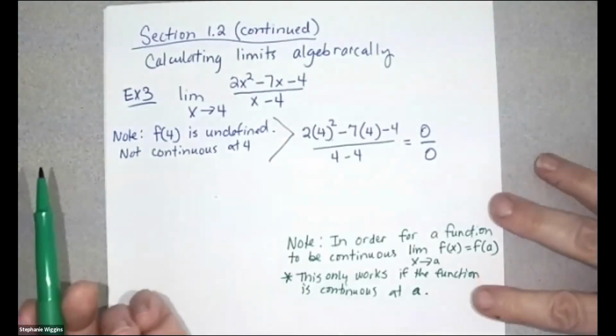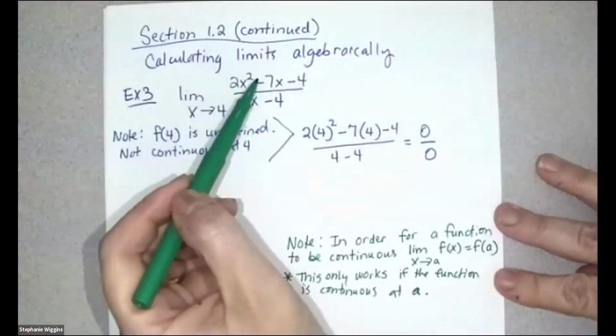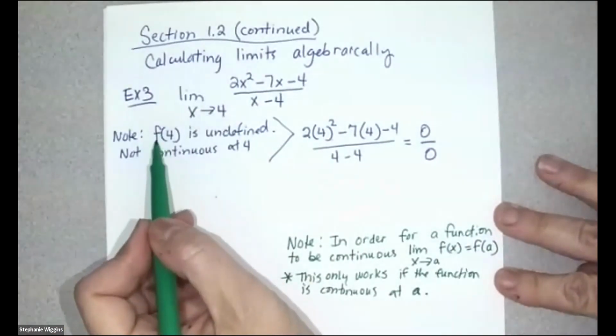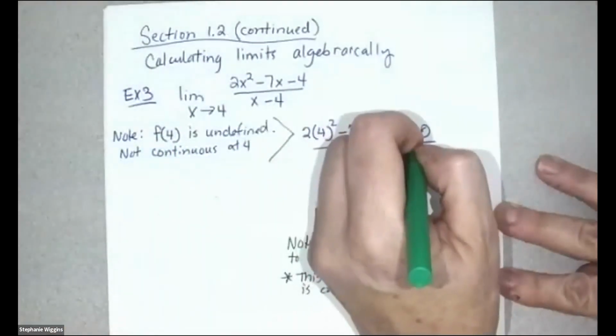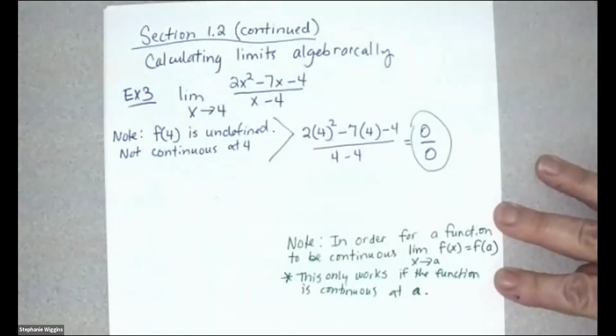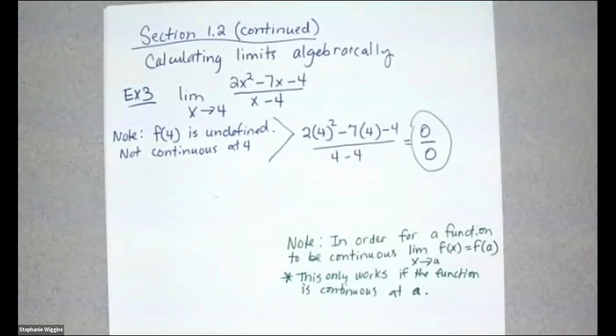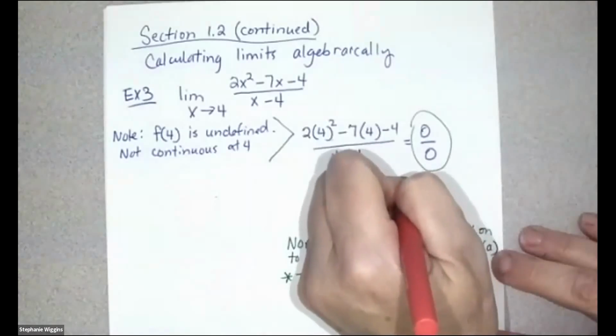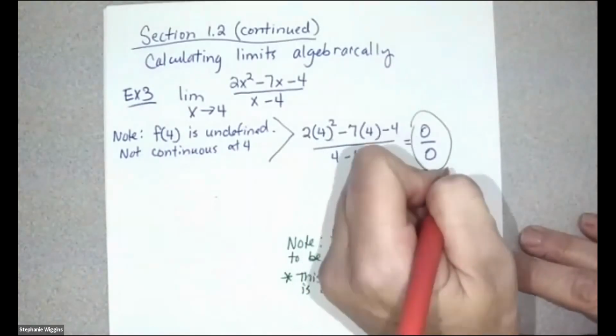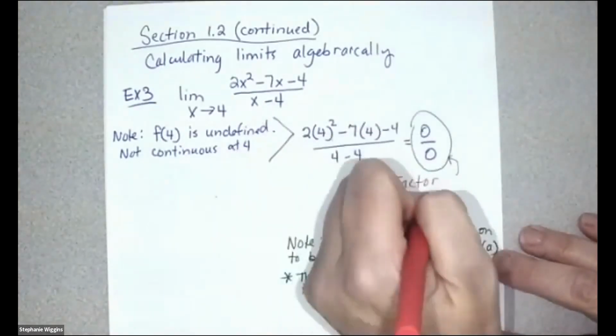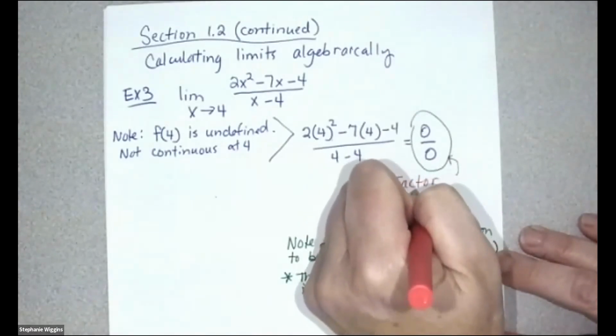If you take your 4, plug it into your function, in other words, you're calculating f of 4, and you get 0 divided by 0, there's a hint there. And the hint is when you see that, you know to factor your function.